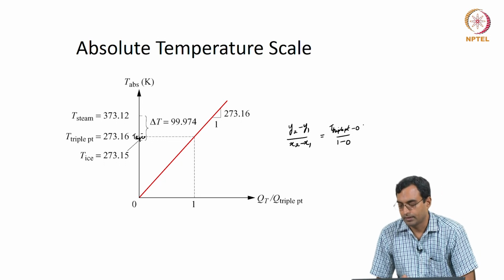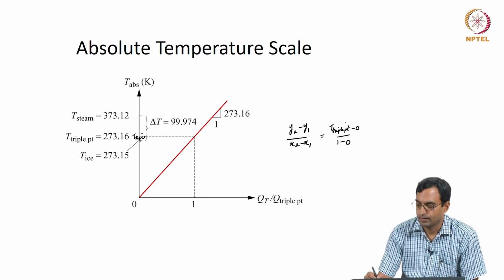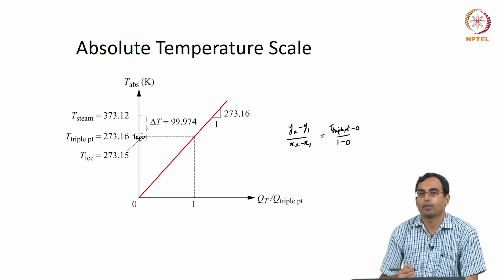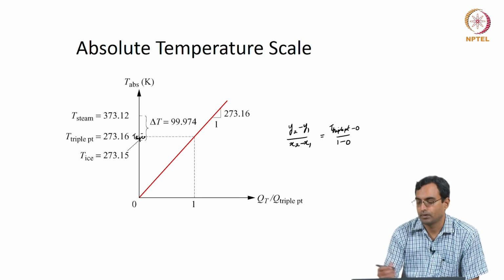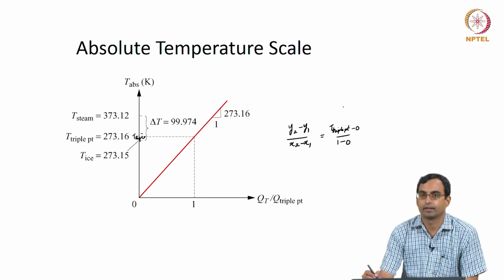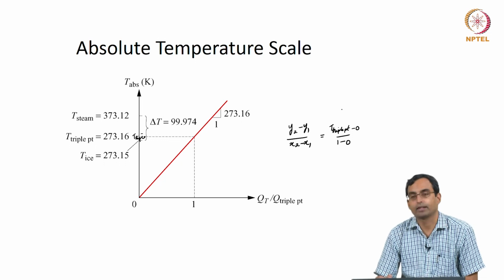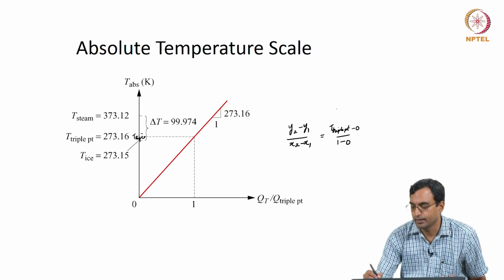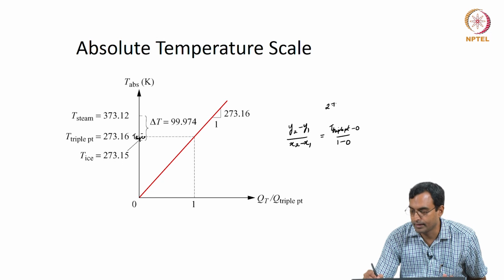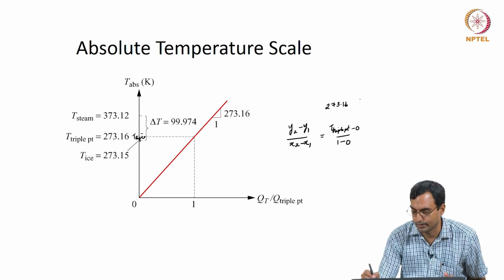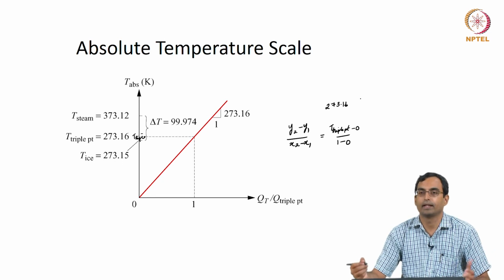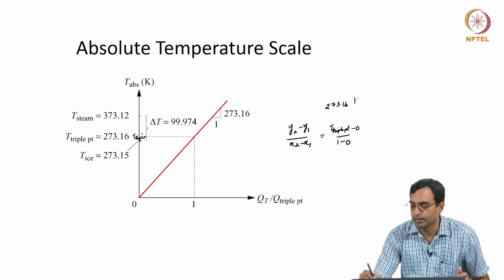What Kelvin also then assumed is that the value of the triple point of water is 273.16. This is a way of making a scale. You can take that value to be anything at all. In this case it was said that let this value be 273.16 on some new scale. That scale is now what we call the Kelvin scale.